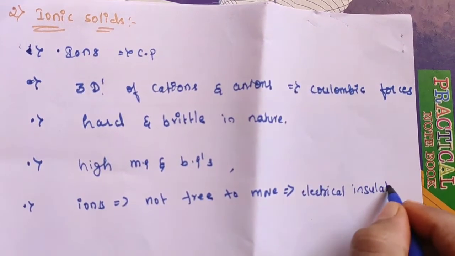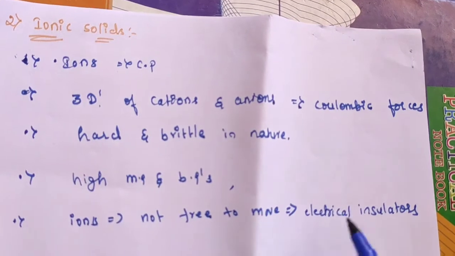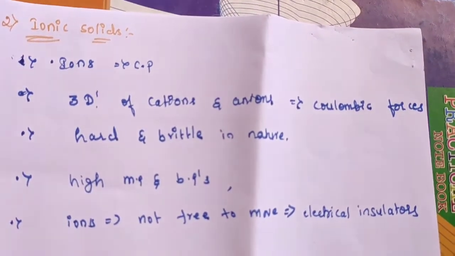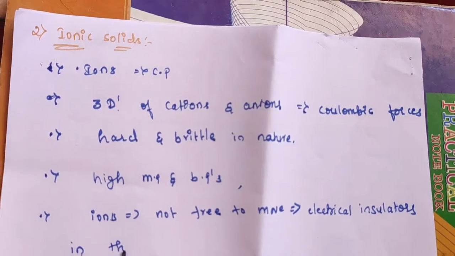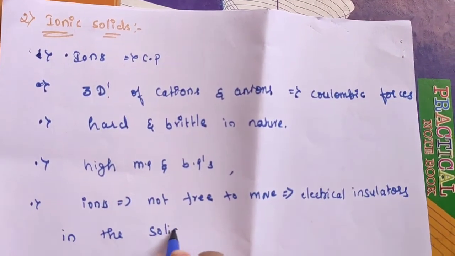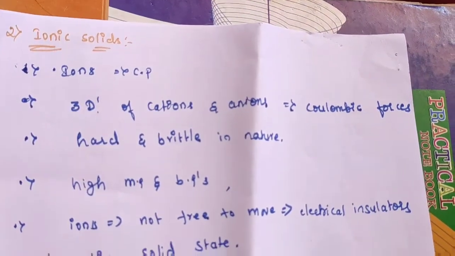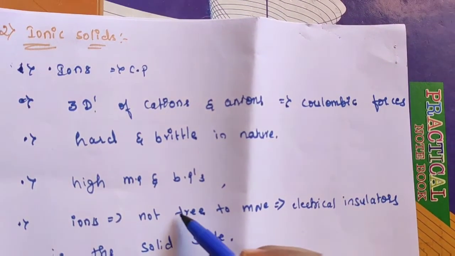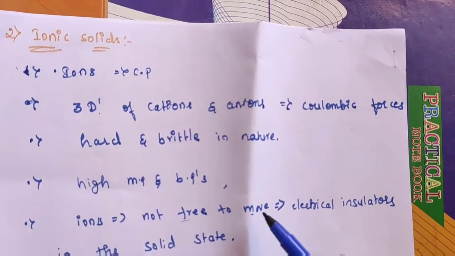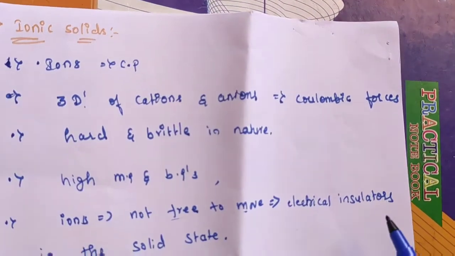If they have free ions to move, then these are electrical conductors. You should mention here, in the solid state. In ionic solids, when they are in the solid state, the ions are not free to move, so they act as electrical insulators.